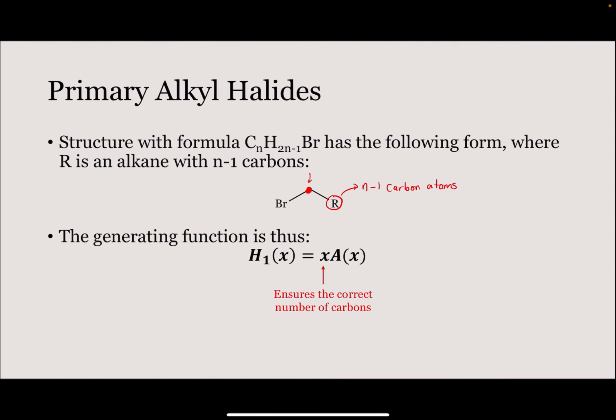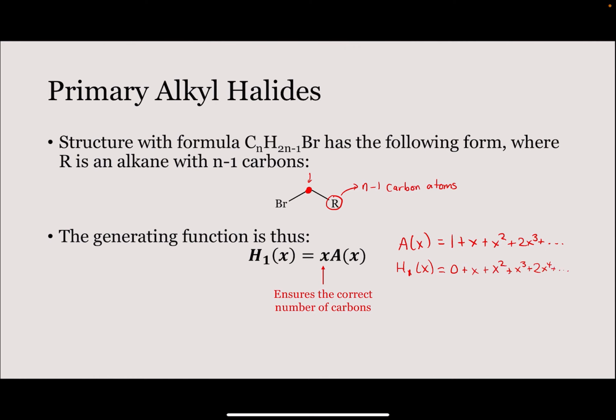If you want to see what that looks like, remember that a of x was just the sequence 1 plus x squared plus 2x cubed, and so on and so forth. Now h1 of x is just going to be us multiplying everything by x. So it's going to be 0 plus 1x plus x squared plus 1x cubed plus 2x to the fourth plus whatever.